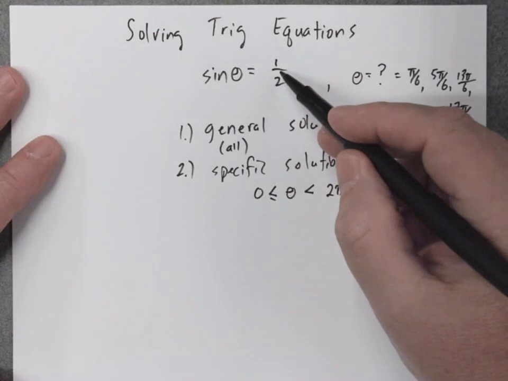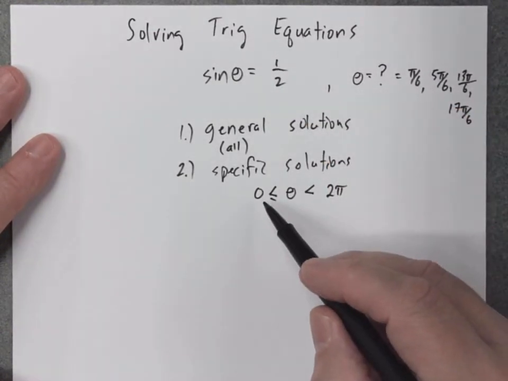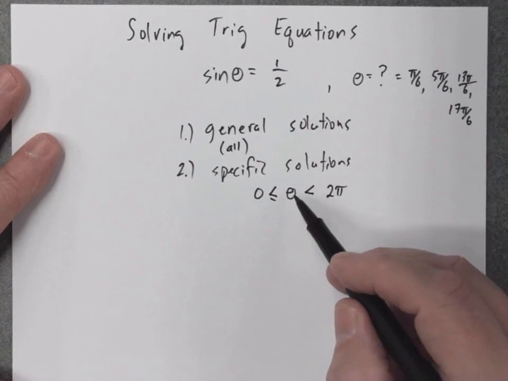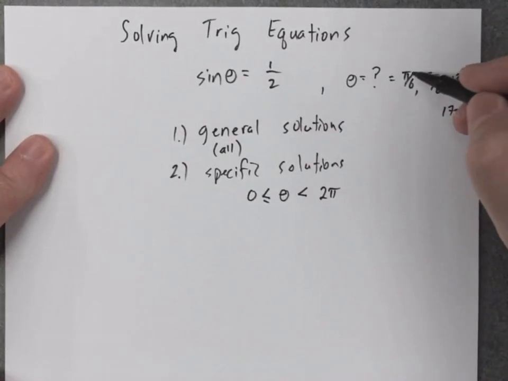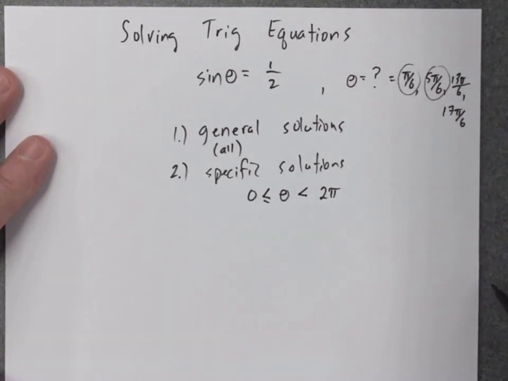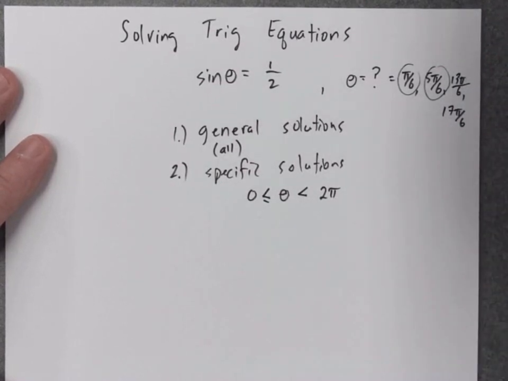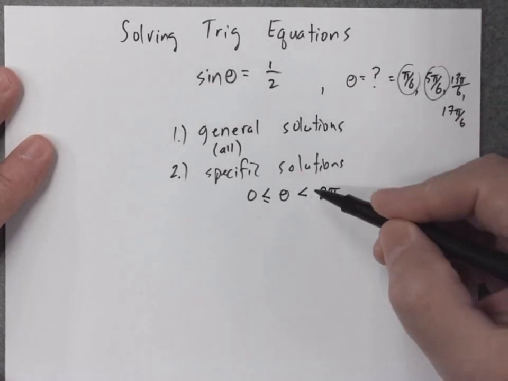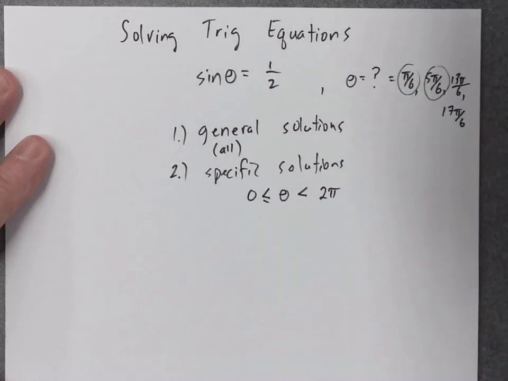So for this problem, if this was the equation to solve, and then they said only give the solutions where theta is between 0 and 2 pi, then you would only have 2 solutions. And you can ignore the rest of these because all these solutions would be larger than 2 pi. So there's going to be 2 kinds of questions you're going to be asked as we're solving these trig equations.